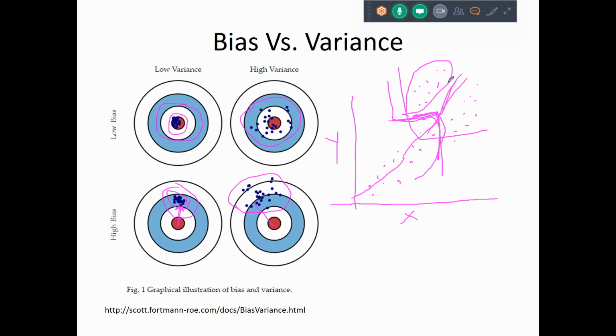Which means there is no bias, but there is more variance. Earlier, when I put all the dots on one side, there was bias. So this is the concept of bias and variance.